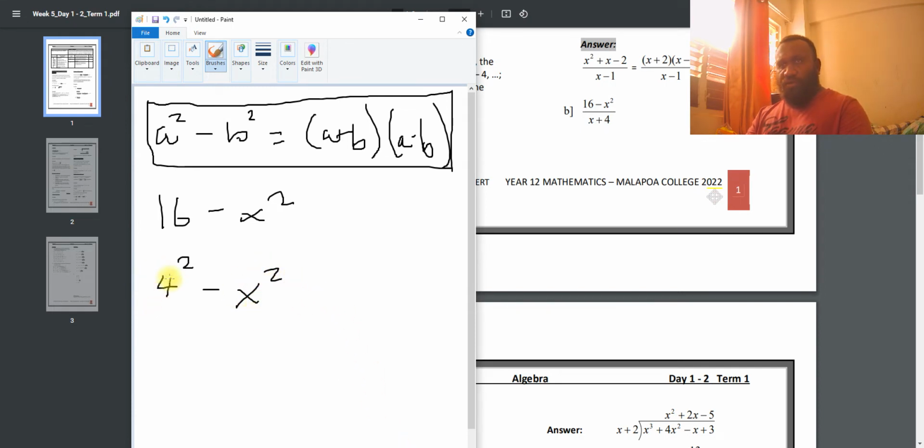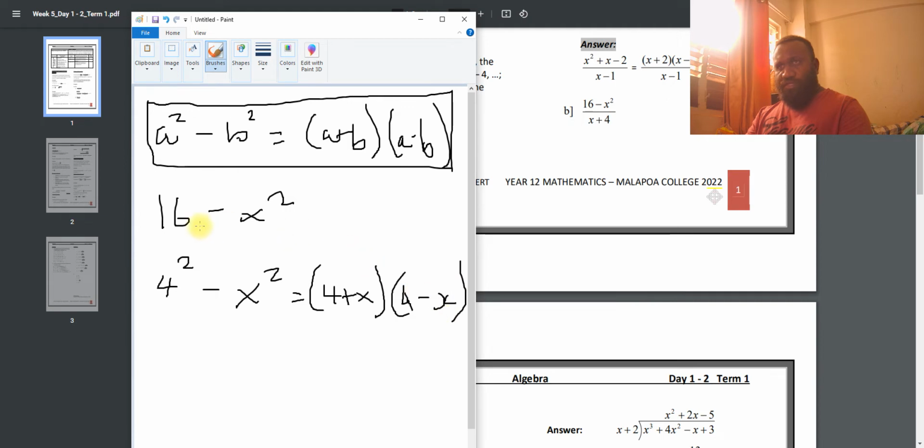So 4 acts as our A, x acts as our B. So therefore, our A here is 4 plus B is x, and A here is 4, B is x.